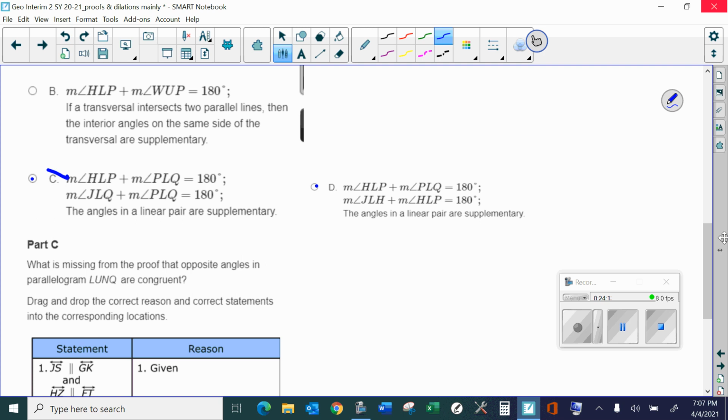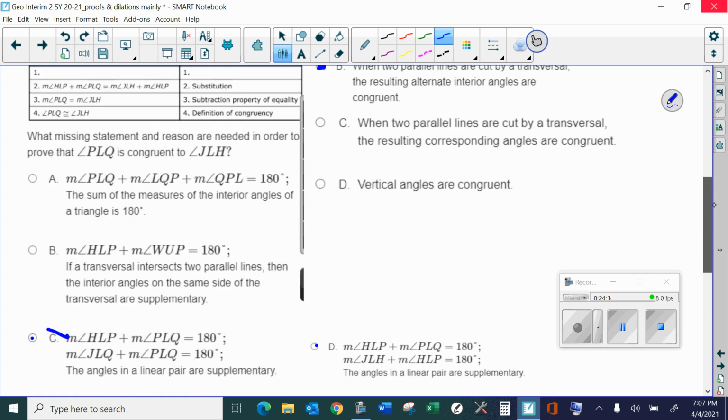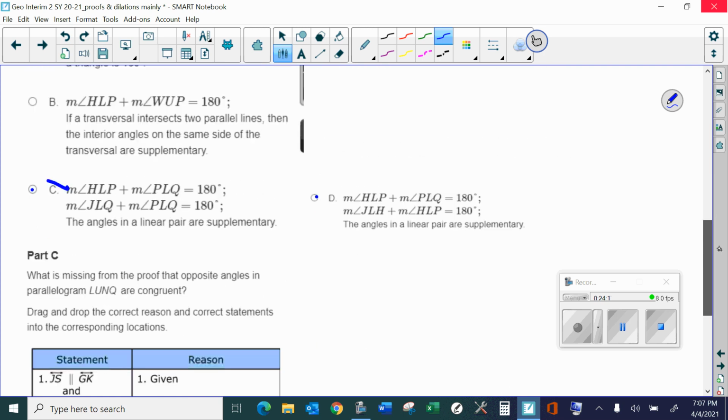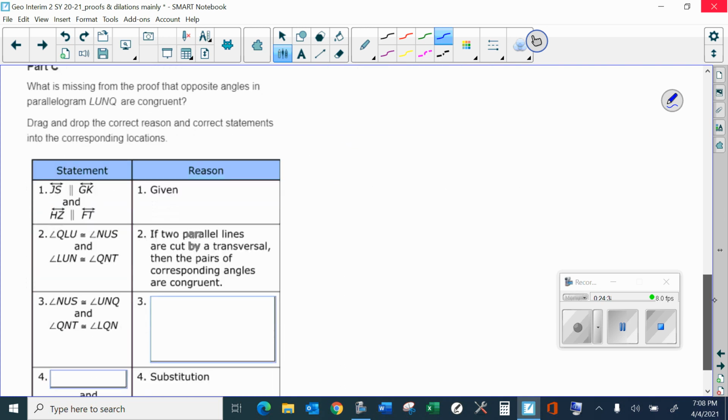Let's make sure the other one is JLH, HLP. JLH, oh, it's not this one. There's no JLH here. Here's my JLH and HLP. So the answer was D right there. Make sure that you check that they have the same 2 angles. It came down to those 2, but these are the 2 that they said equal each other through substitution. All right, part C.